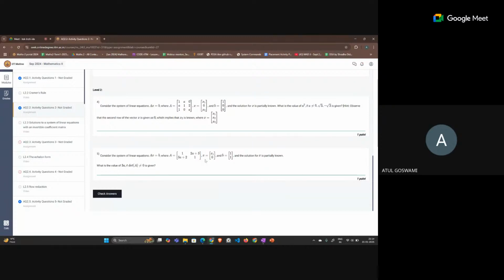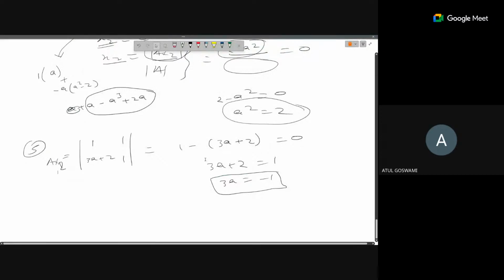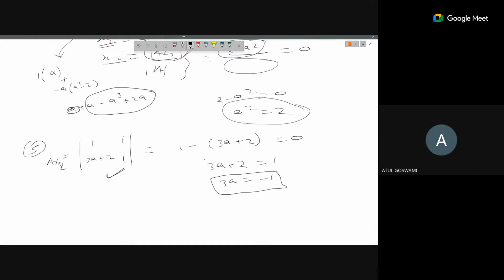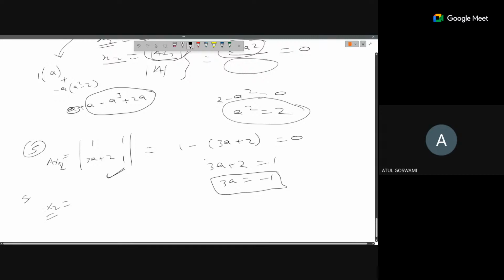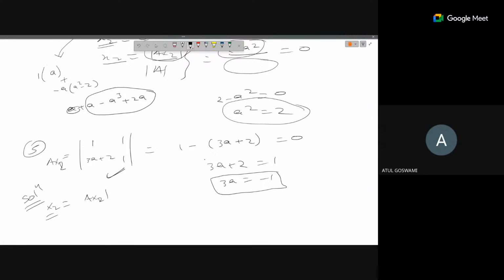Using Cramer's rule, we just find the variable that satisfies the system. So 0 for the second coordinate always satisfies this. That's why we just calculated this one, because the solution variable x2 should be equal to the determinant of Ax2 over the determinant of A.